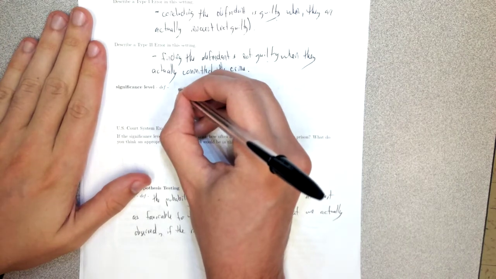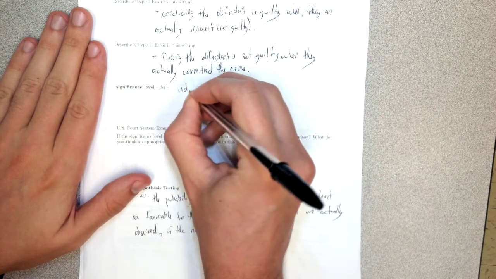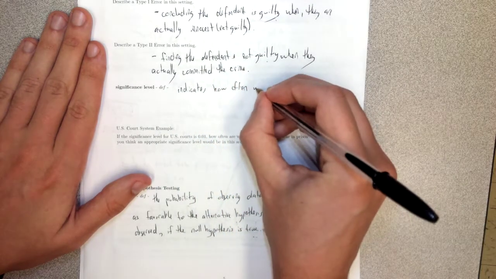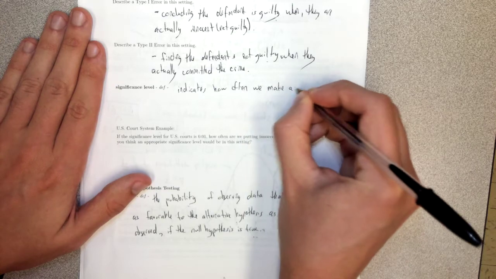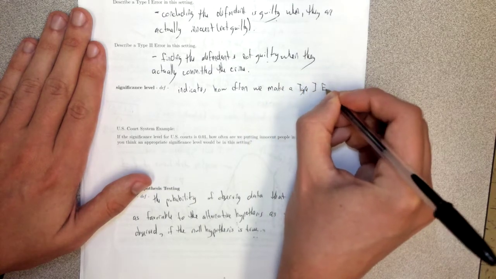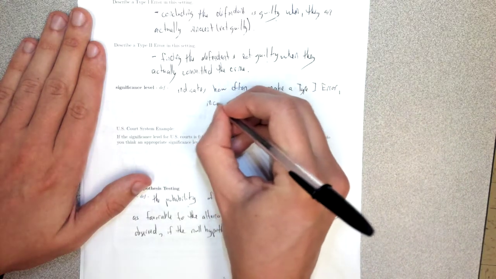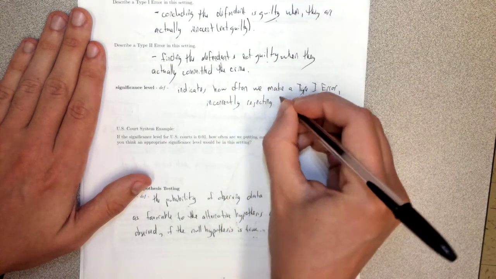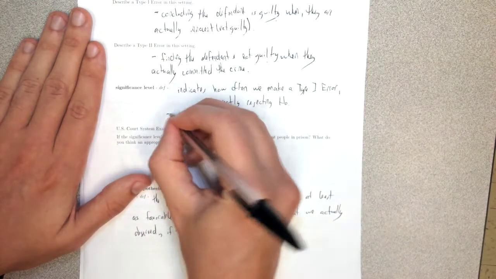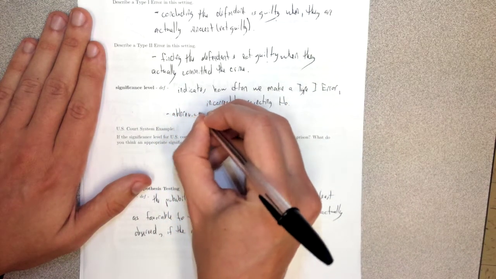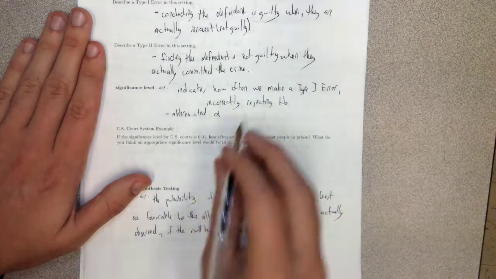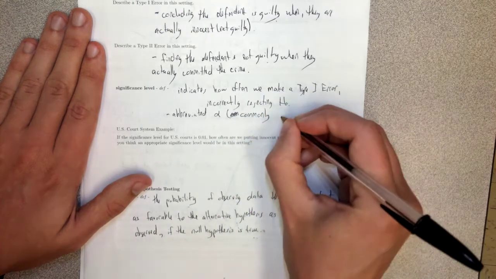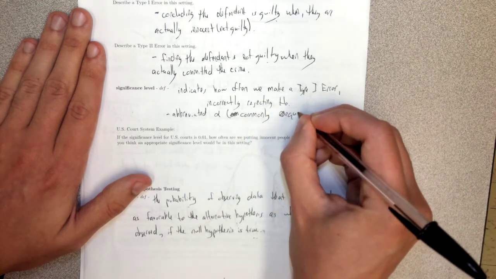The significance level is something that indicates how often we make a type 1 error. So type 1 error, incorrectly rejecting the null hypothesis. This is commonly abbreviated as alpha, and it's commonly equal to 0.05.